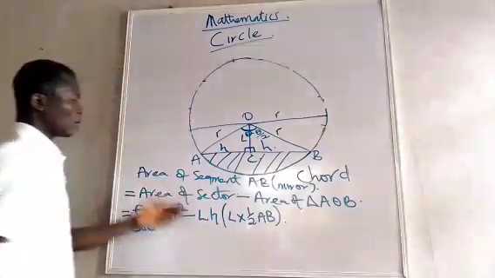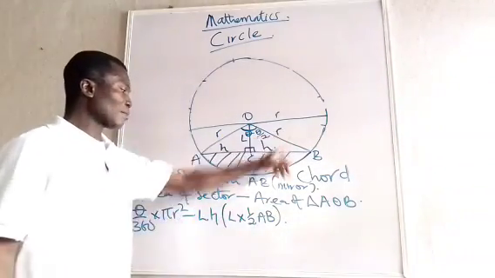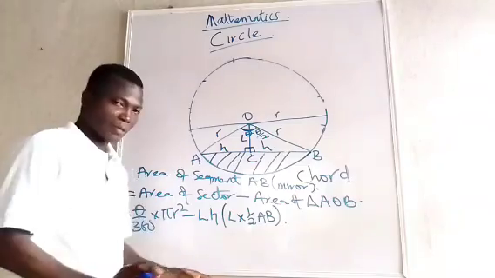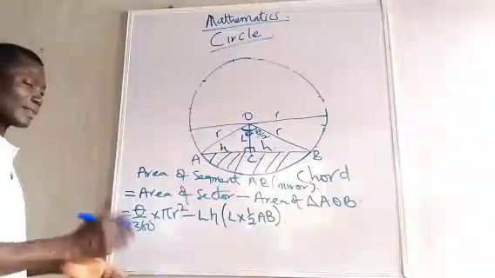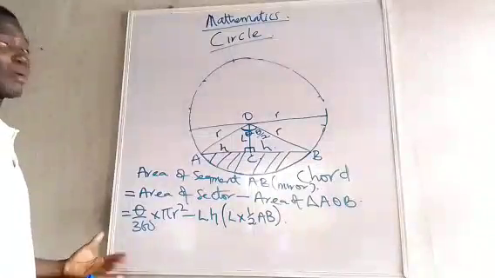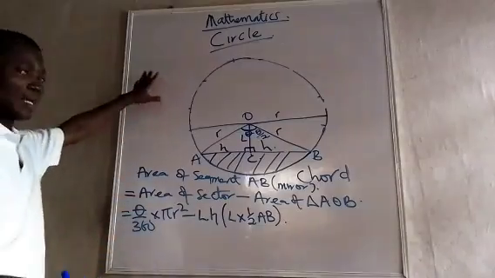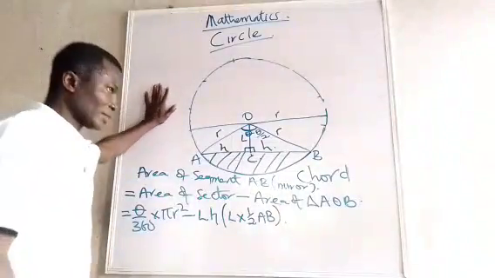Anyhow, I know how to get L. L will be the root of r squared minus half AB squared, whatever way. So I just showed you the pattern to do this. You can apply it to anything when you come to measurements under circle.